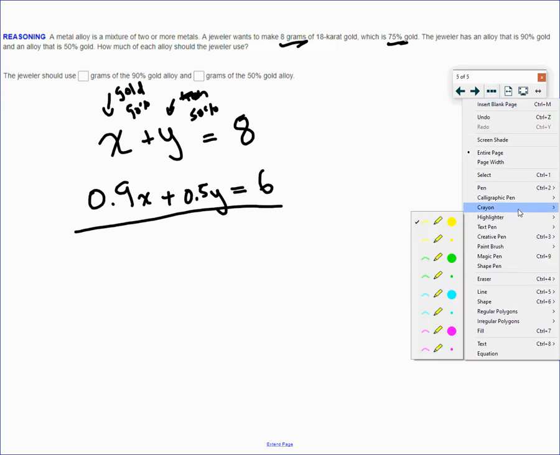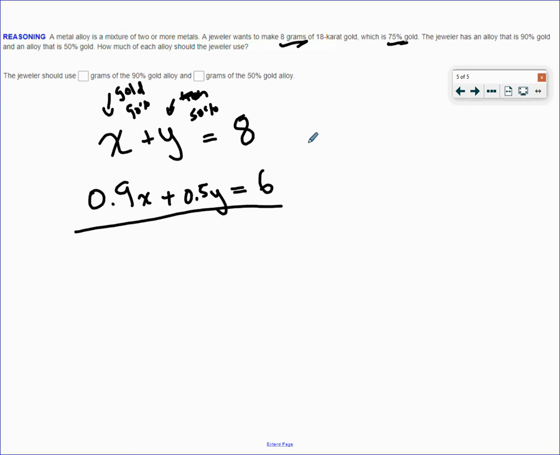If I do x plus y equals 8, and I multiply all this by -2, I get -1.8x minus 1y equals -12.